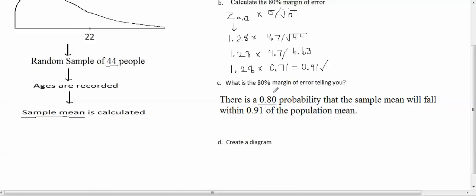I said that there's a 0.80 probability because we calculated the 80% margin of error. So this number just matches this number up here. This 0.91 is the 80% margin of error. It's the answer that we just calculated.